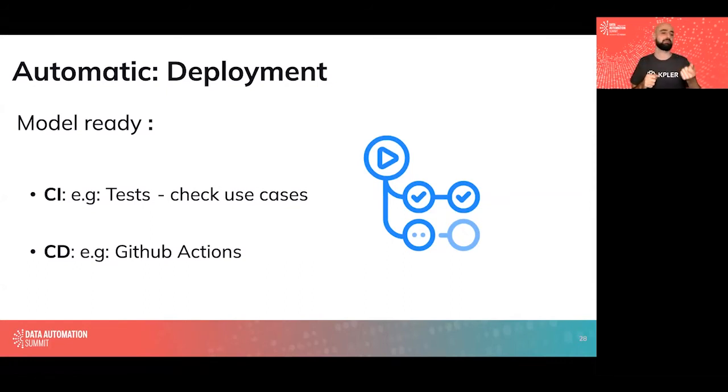And then there is the CD part, that is the continuous delivery or deployment. That can be done with several tools. Here I mentioned the GitHub Actions, but in general it's something that allows to get the tested code and put it inside the actual production machine.